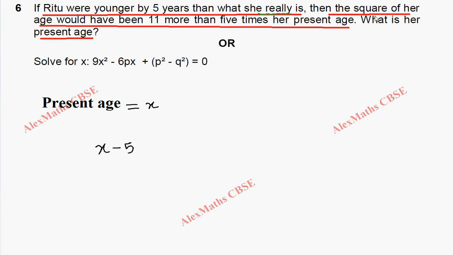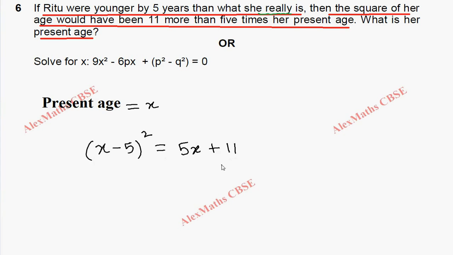Then the square of her age means, that is when she is younger by 5 years. The square of her age means squaring this would have been 11 more than 5 times her present age. 5 times her present age is 5x, but this is 11 more. So we have to add plus 11.